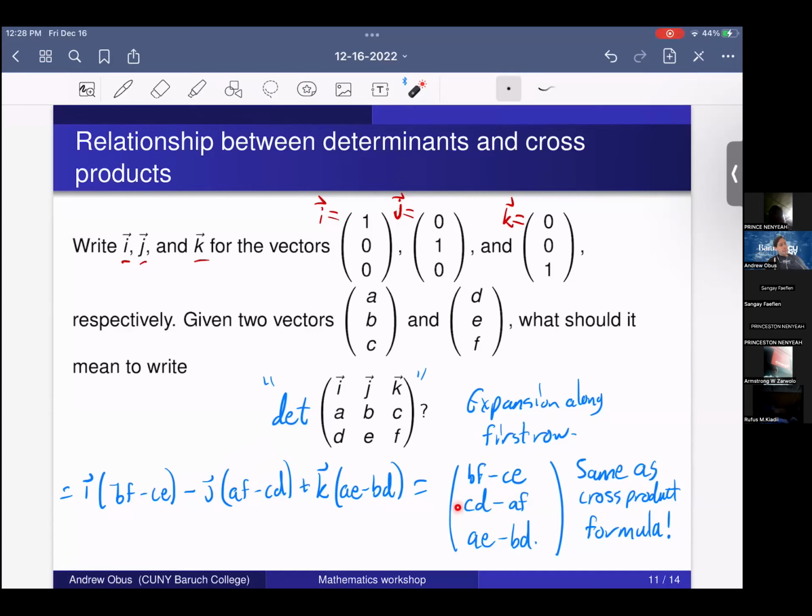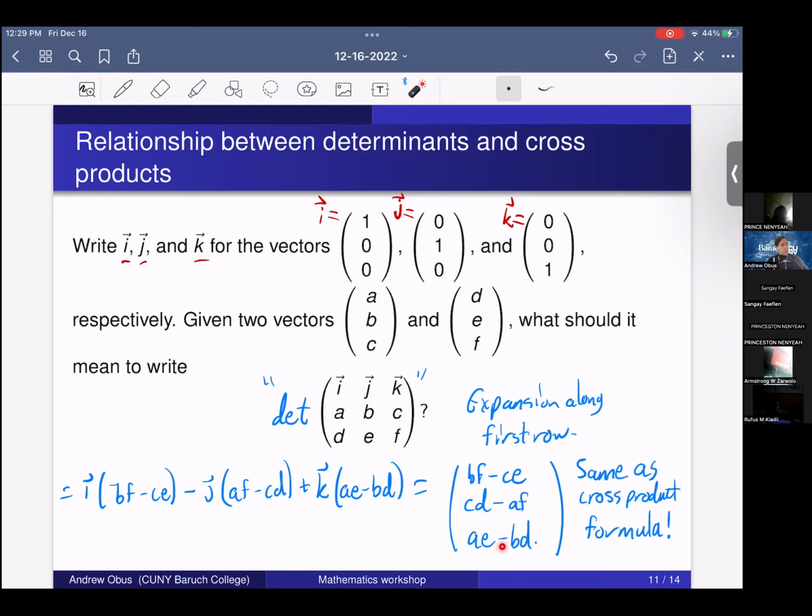But if you want to write minus AF plus CD, that's absolutely okay. And it's equivalent. So will the answer be the same? Yeah, it'll be the same.